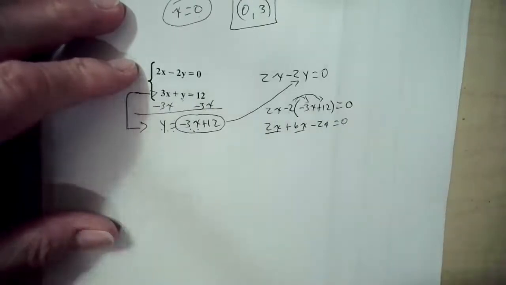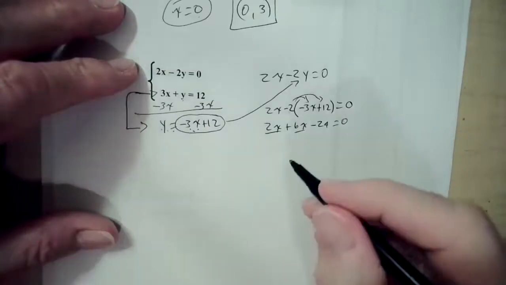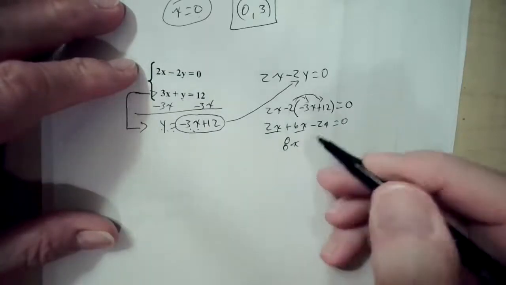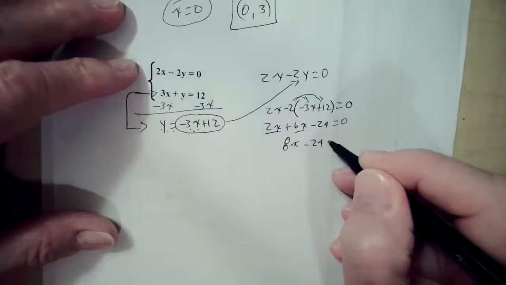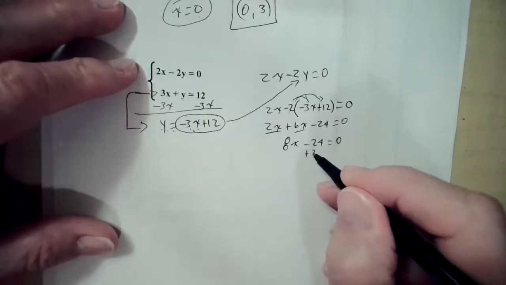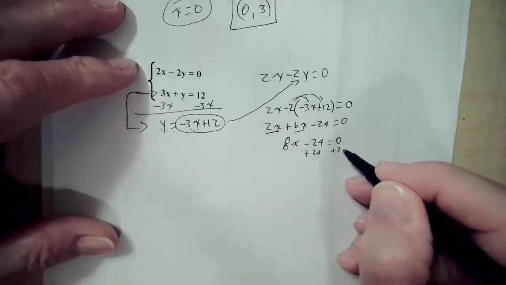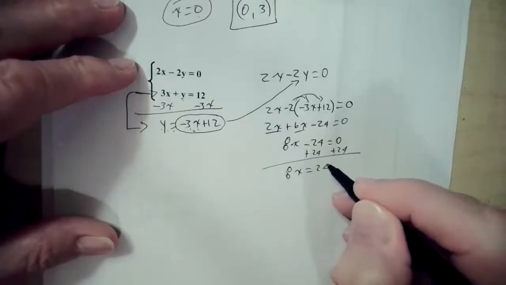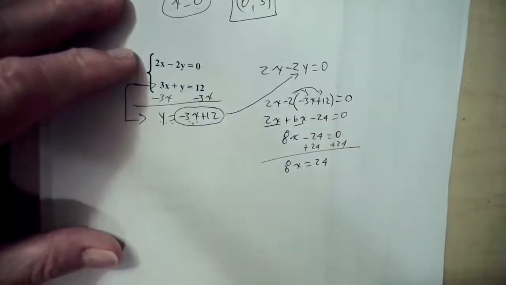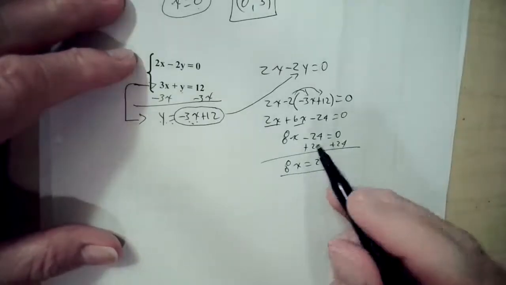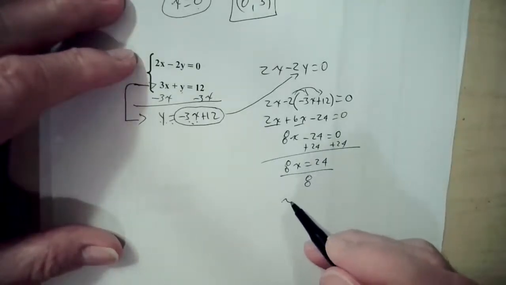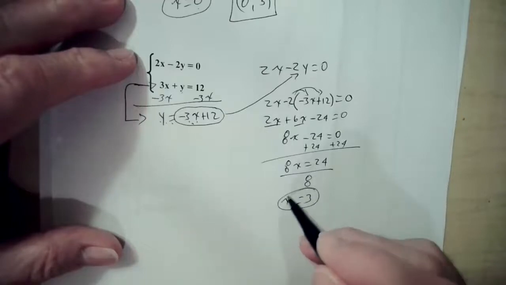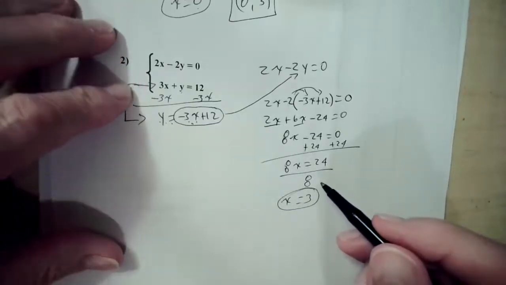Equals 0. 2x and 6x combine like terms. That's 8x minus 24 equals 0. So we add 24 to each side. 8x equals 24. Divide everything by 8. X is 3.